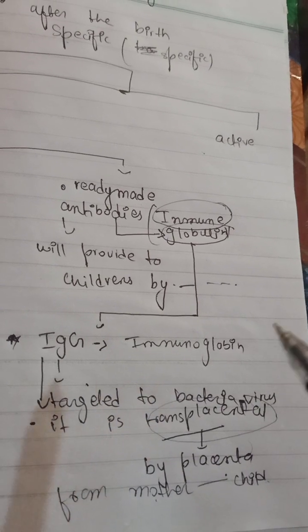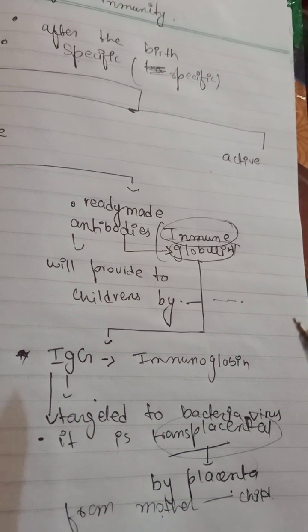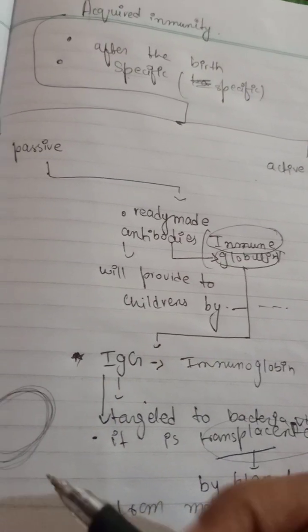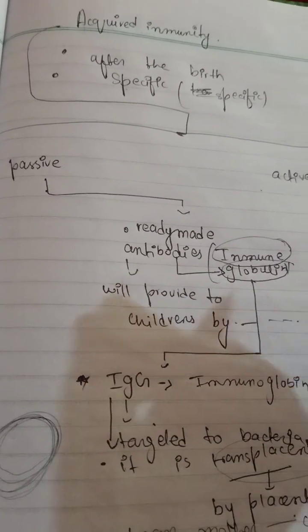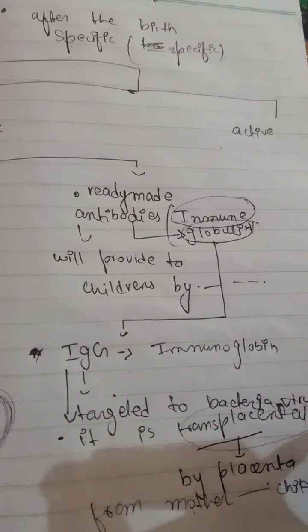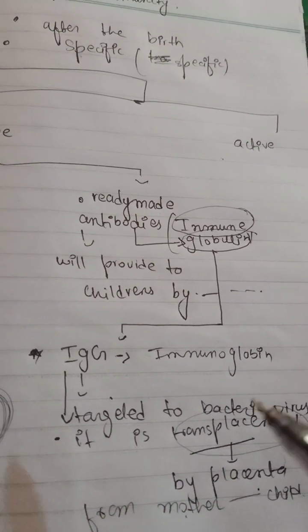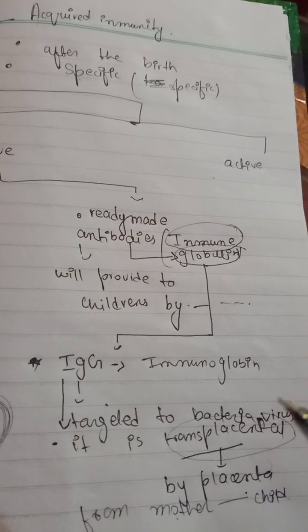The baby also gets nutrients with the help of the umbilical cord, as you all know, which we cut after the baby is born. From that, the baby gets nutrients from the mother's blood.